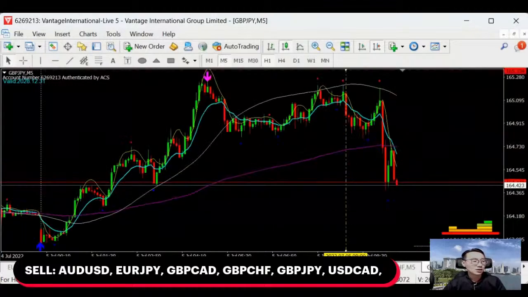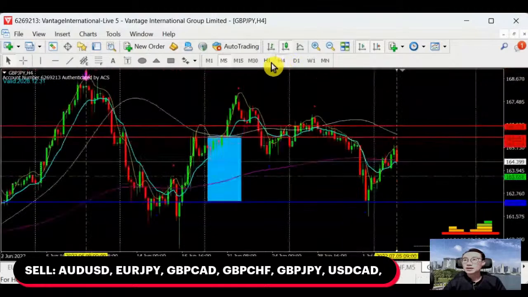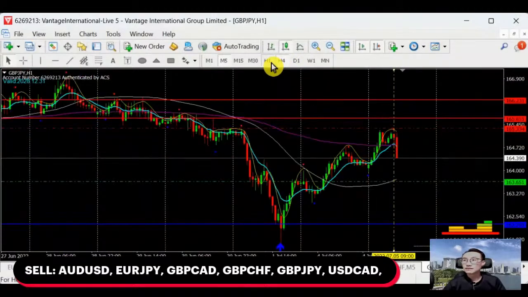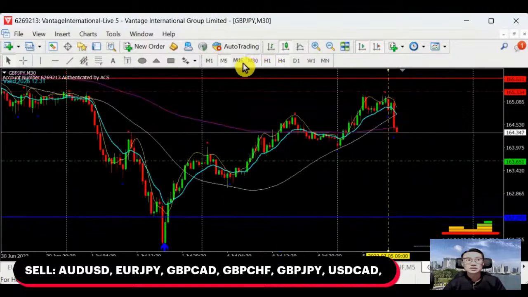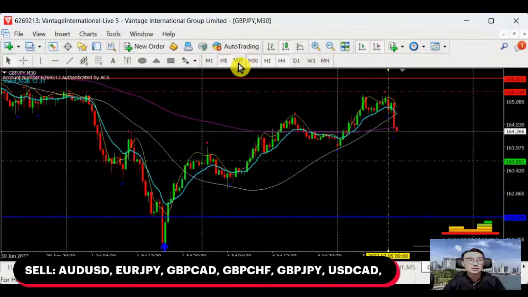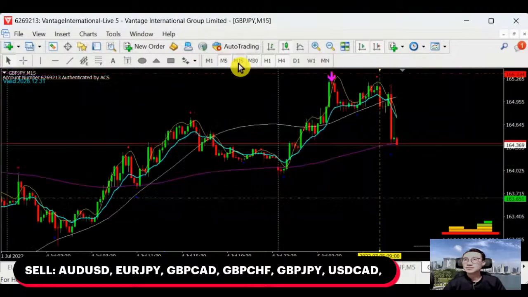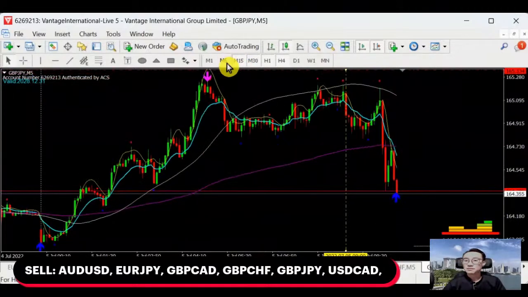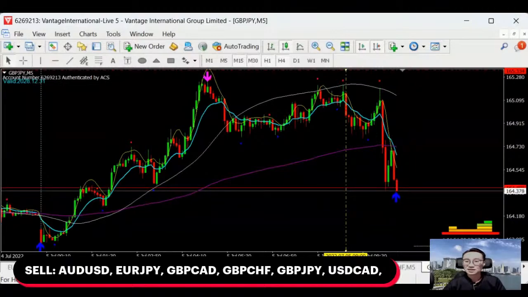Okay, it's still selling, very good. Okay, forget it, I think no more. Oh yeah, there's another round, but I think we have missed that. This swing is too fast.